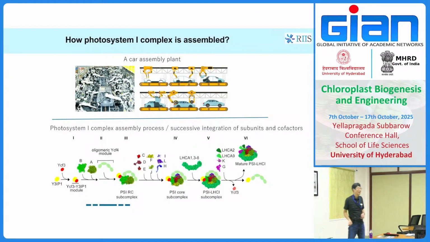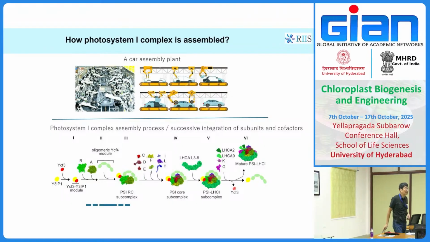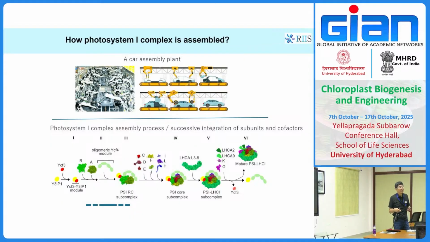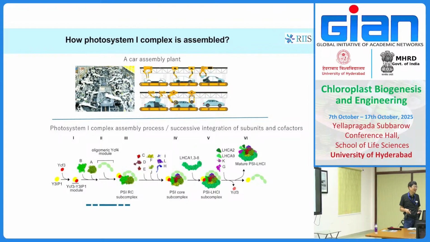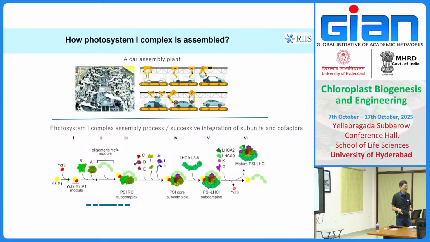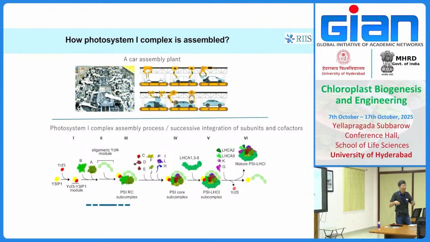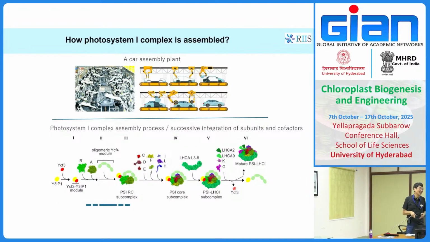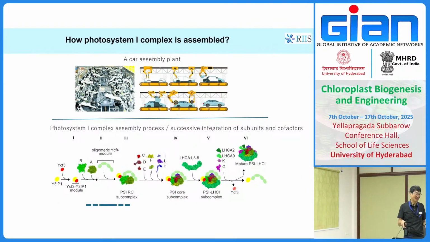So if you think about a motor car assembly factory, a car is made of, I don't know, 10,000 or many parts, right? But if you just mix these parts and shake, you don't find a car, it's not functional. It's just a mixture of parts, right?